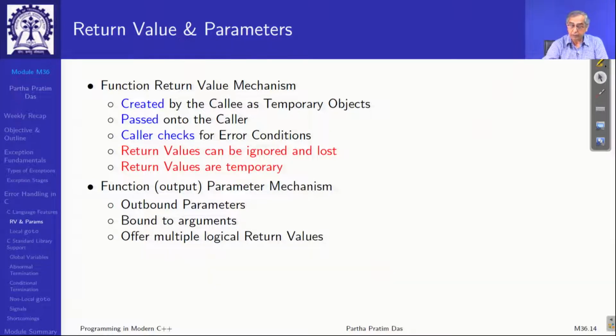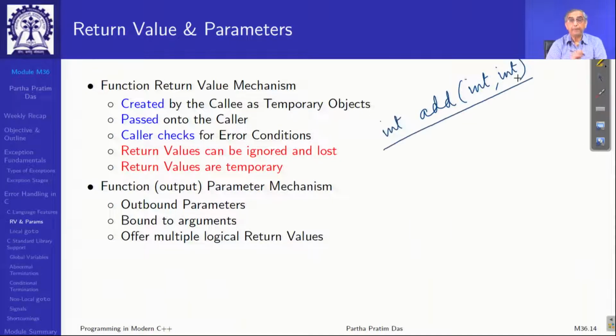So, what I mean is, I have an add function, say int add. Now, how do I use the return value to check whether add has happened properly or it had an overflow? It is adding two integers, it might have an overflow.